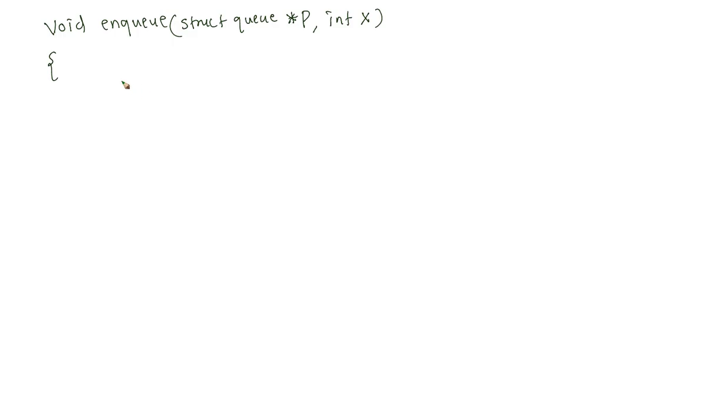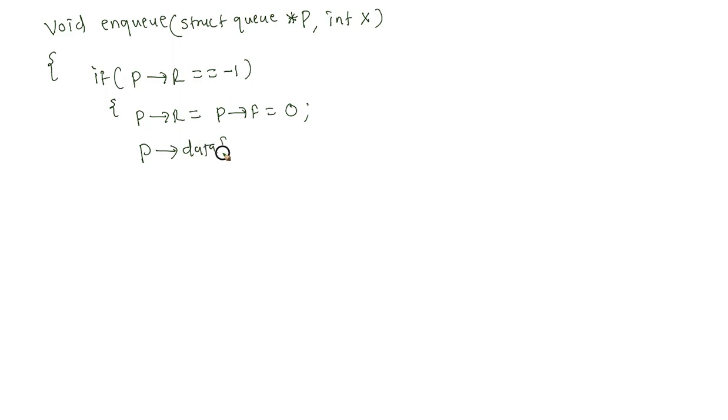So how will we make sure that it's an empty queue? So if p arrow r equal to -1, that means the queue is empty. So when we are inserting in an empty queue, we'll set p arrow r equal to p arrow f equal to 0. And then we'll go to the data array, p arrow data of p arrow r location inside the data array.